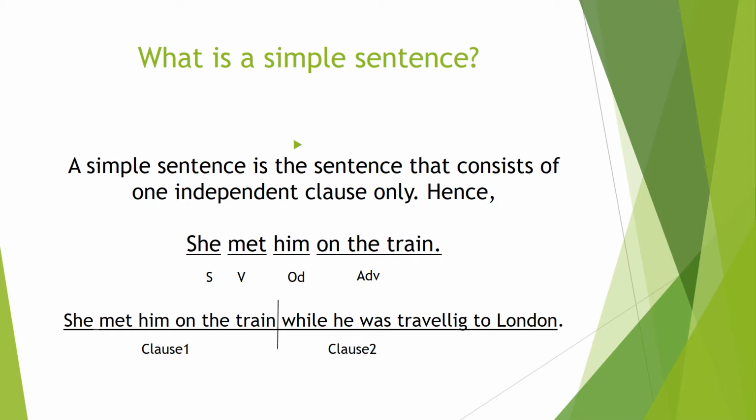If you look at the other example, which is she met him on the train while he was traveling to London. You see here, if you analyze the elements found in this sentence, you are going to see that this sentence actually consists of two subjects, she and he, two verbs, met and was traveling, and one of them has a direct object, while the other has an adverb of place.